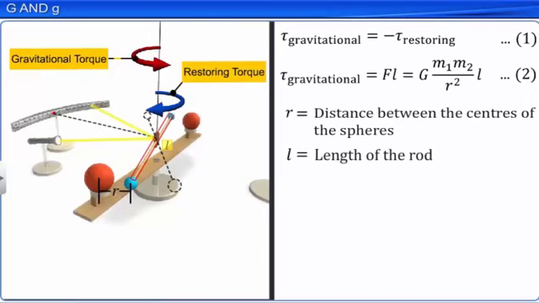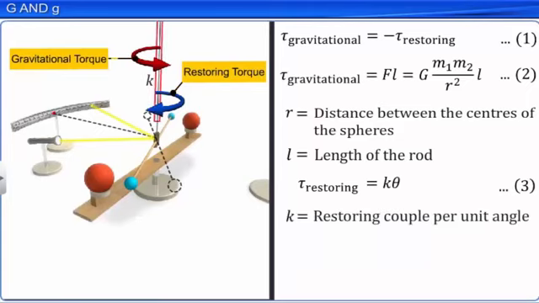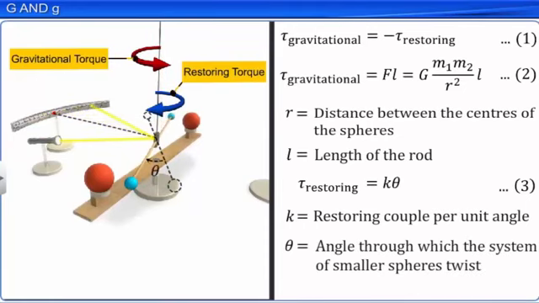The restoring torque is denoted by equation 3. Here, K is the restoring couple per unit angle, and theta is the angle through which the system of smaller spheres twist. The value of K can be derived by applying a known torque and measuring the corresponding angle.